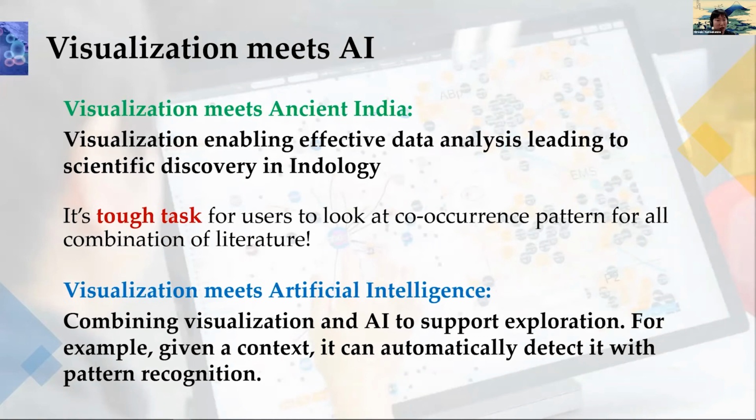So in this talk, I introduced visualization tools, and how visualization techniques contribute to scientific discovery. So that's why I made the title Visualization Meets Ancient India. But potentially it's going to be a tough task for users to look at the co-occurrence pattern for all combinations of literature, right?